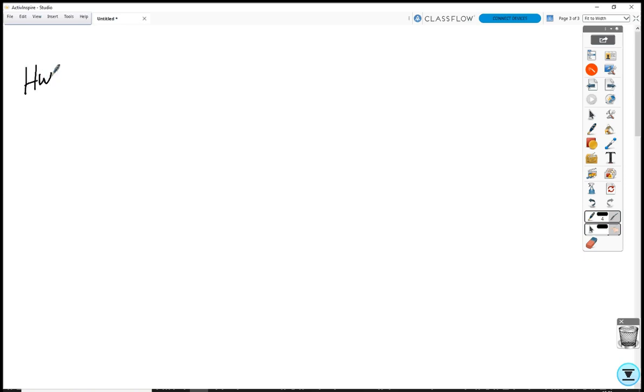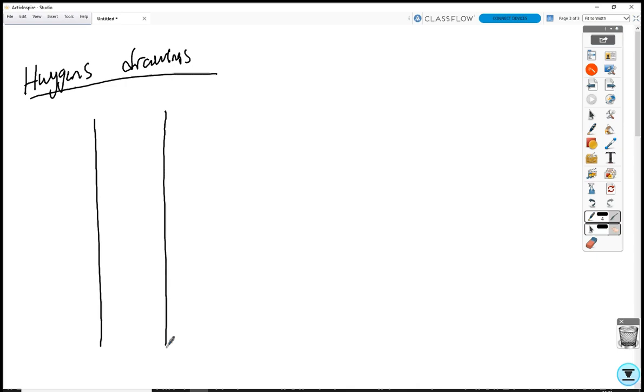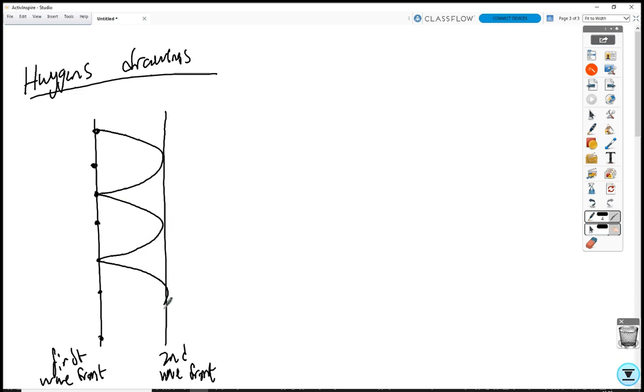So we can look at some of his drawings again. So if we look at first wavefront and second wavefront, if you make these behave like individual sources, and then you draw your waves, it will give you the location of the next wavefront.